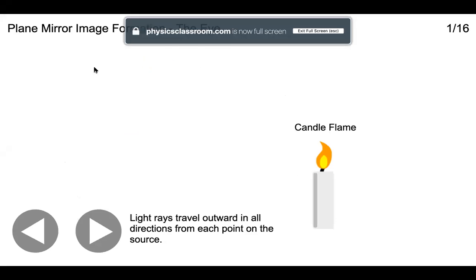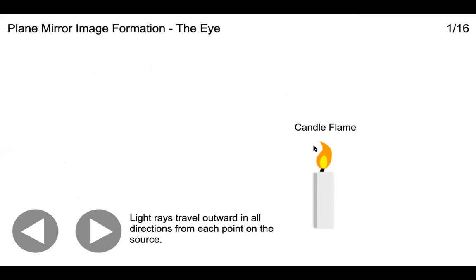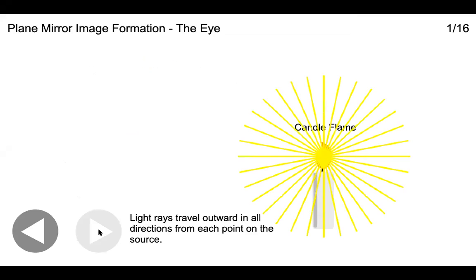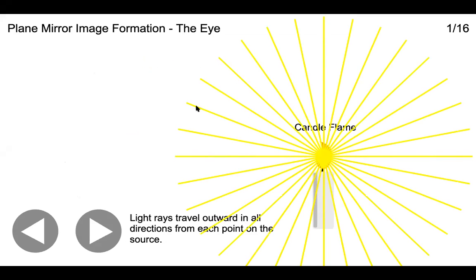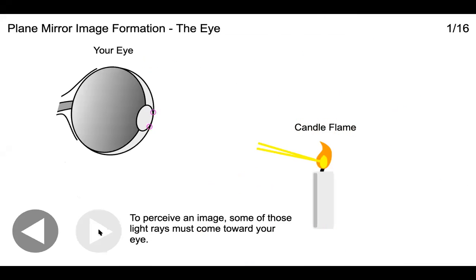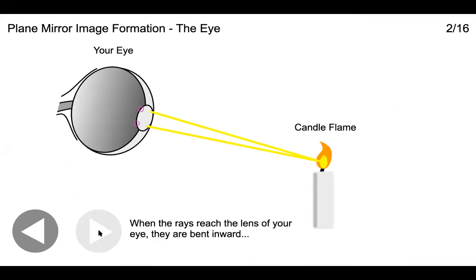All right. So forming an image. Again, the object is the actual object, and the image is where and how it looks when it appears in the mirror. Light travels in every direction, so it's going to hit the mirror at different angles. We see things because they go into our eyes.